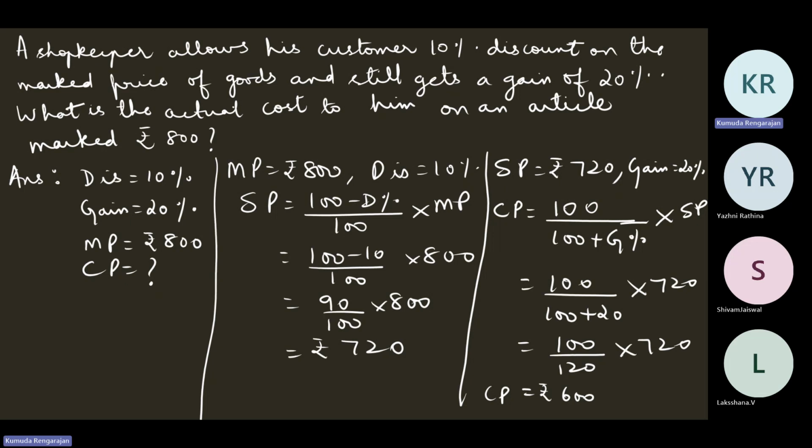Using MP and discount percent, we can find SP, as we have a formula for it. Now you know SP and gain percent, and you find CP using the formula.